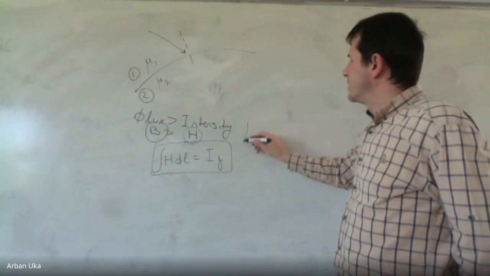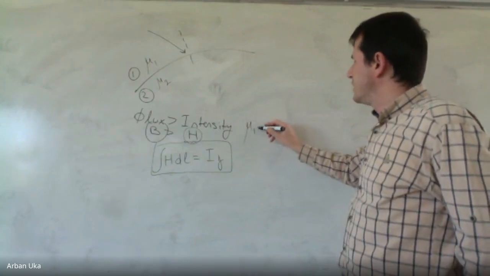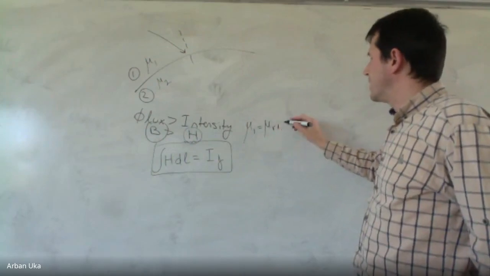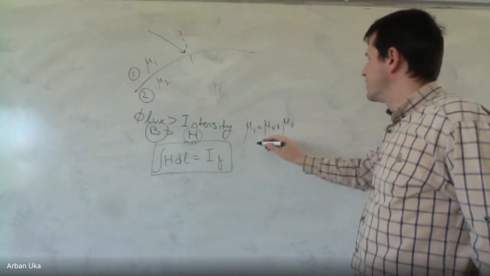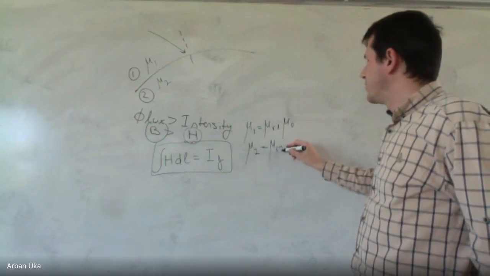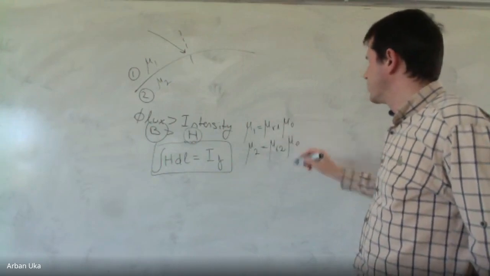The permeability can be written as relative permeability mu_r1 times mu0, and mu2 as relative permeability mu_r2 times mu0.